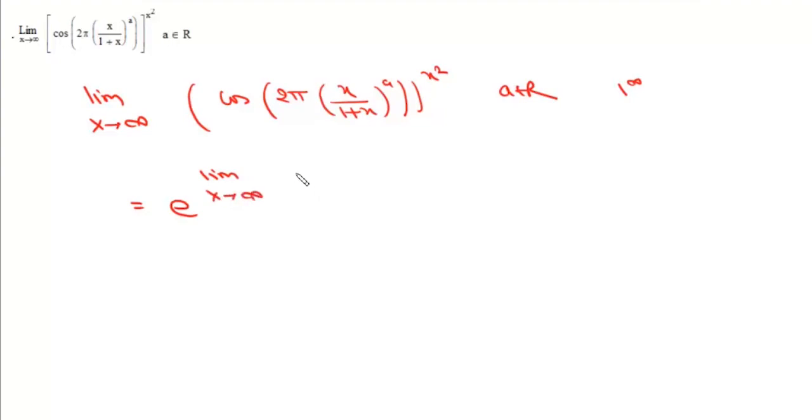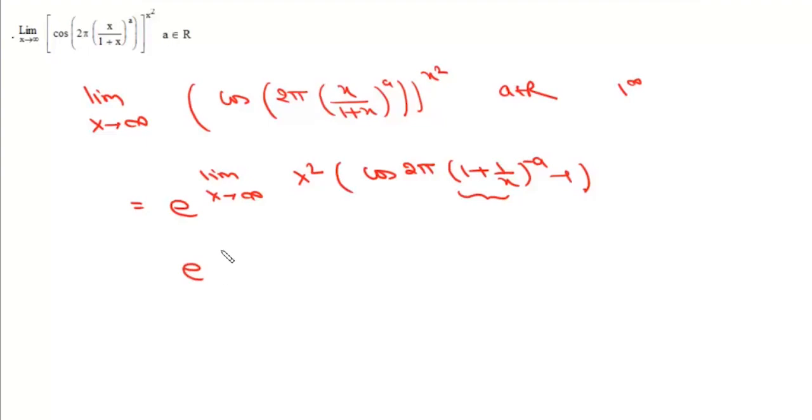x tends to infinity, x square into cos 2 pi. Now we'll actually write this as 1 plus 1 upon x to the power minus a, and then minus 1. Now here we'll use binomial expansion of 1 plus x to the power minus n.